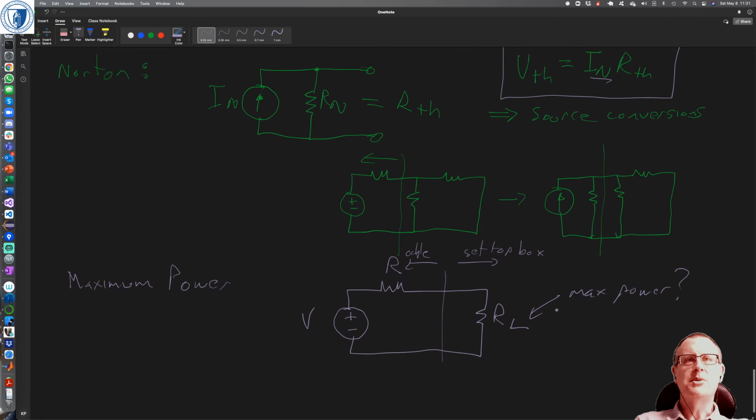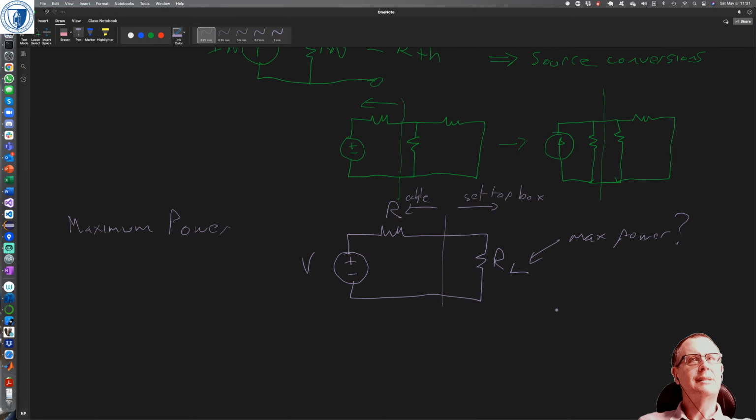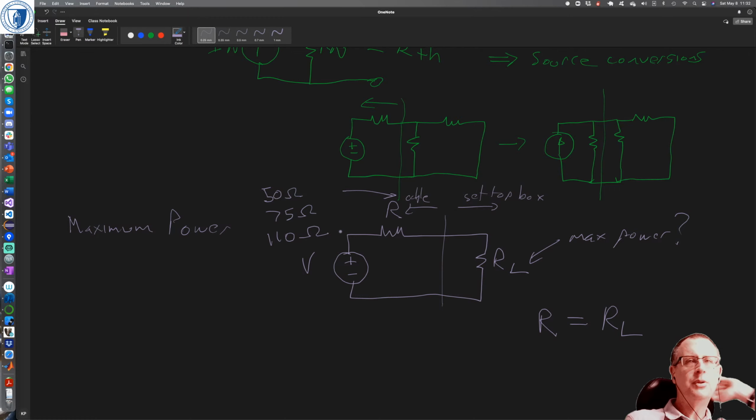And I'm not going to go through the derivation again, but for maximum power, we want R equal to the load resistance. And if we're talking cable, the impedance depends on exactly the sort of cable your cable company is using, but they probably have coaxial cable, and the normal sort of numbers for the impedance of coaxial cable is 50 ohms, 75 ohms, or 110 ohms.